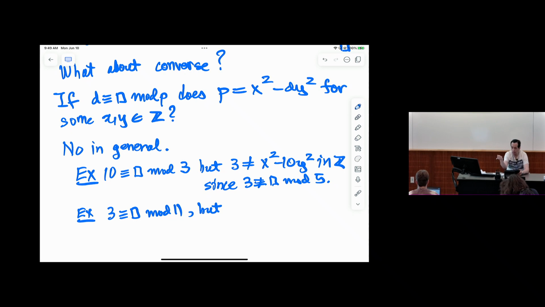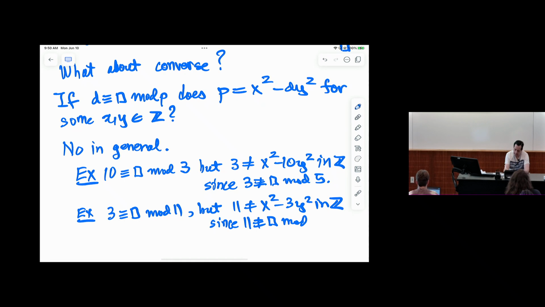Give me an actual 25, right? 3 is 5 squared mod 11, but 11 is not x squared minus 3y squared. Why is that? That's because 11 is not a square mod 3.